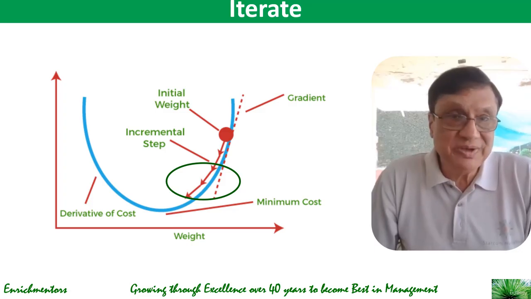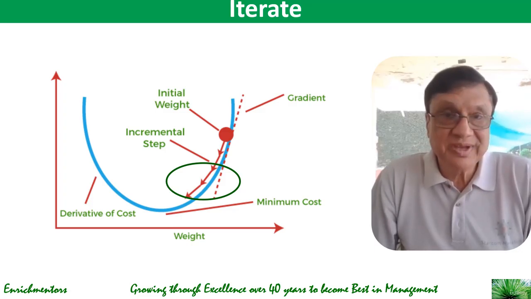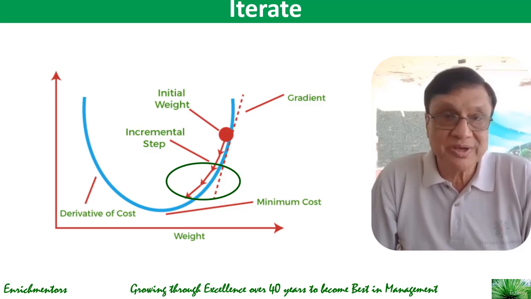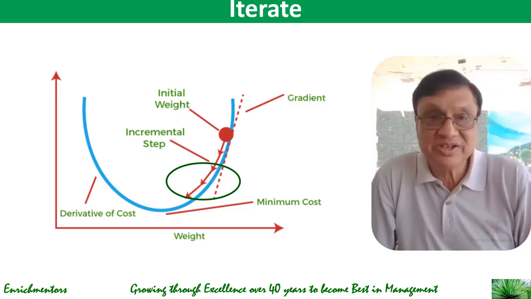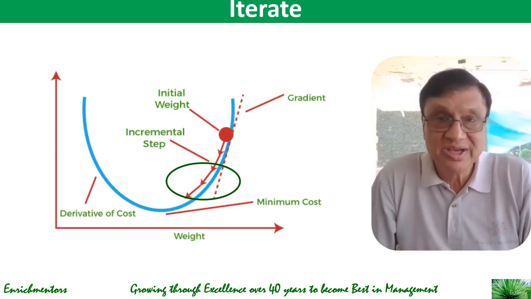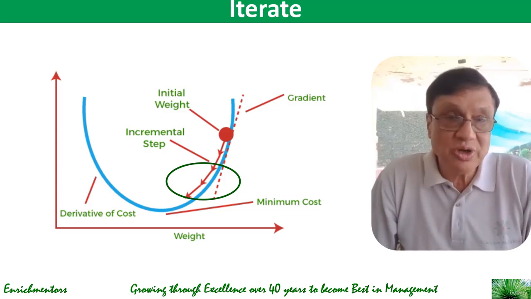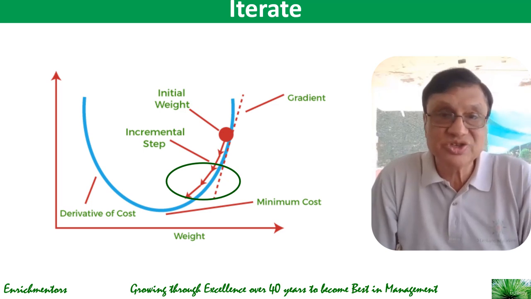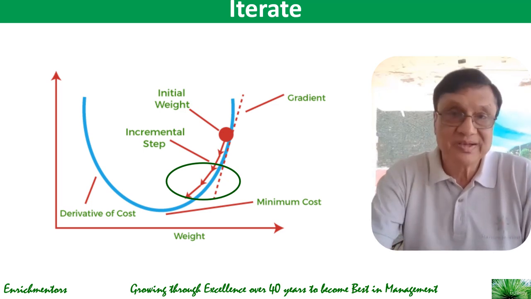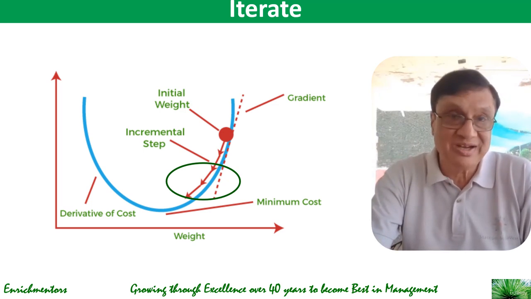You repeat the previous two steps, steps 2 and 3, until a stopping criterion is met. The stopping criterion could be a fixed number of iterations, convergence of the cost or loss or error function, or reaching a predefined threshold for the gradient. So you iterate till then.